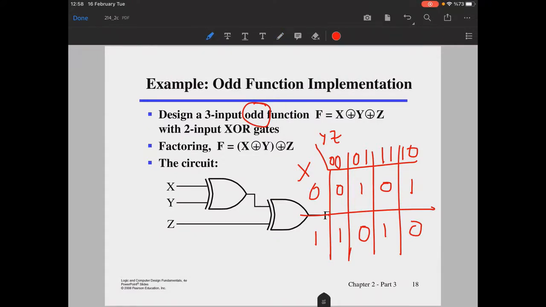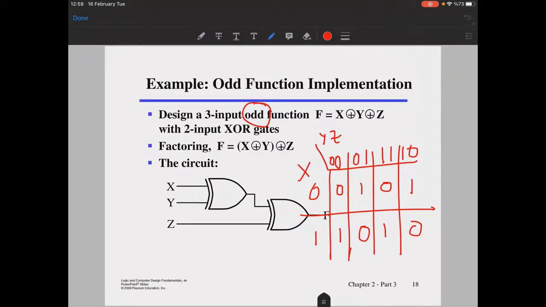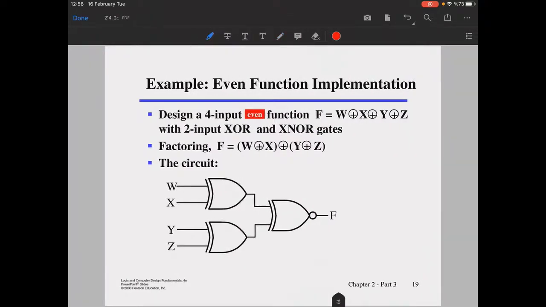If you have an even function, it would be vice versa. You will put the ones for the even ones. But here, since this is an odd function, we place ones in their correct locations where your index numbers are odd as well. Now let's design a 4-input, this time even function, which looks like this, with 2-input XOR and XNOR gates.